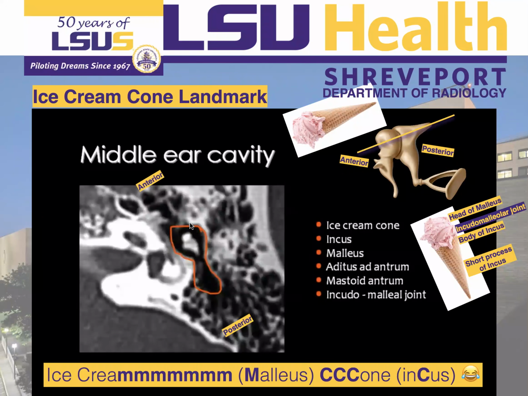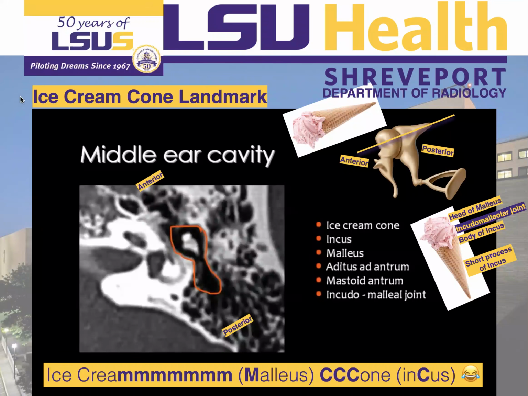The middle ear connects to the mastoid cells. This is a place called the antrum, through this door called the aditus ad antrum, okay? And of course we have this joint between the malleus and the incus that is called the incudomalleolar joint, okay?